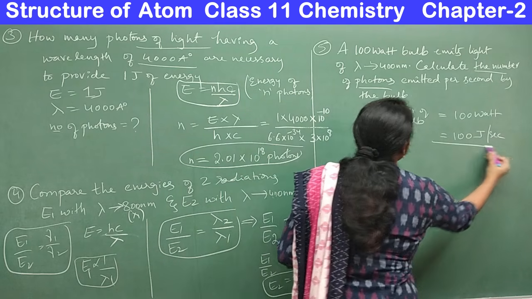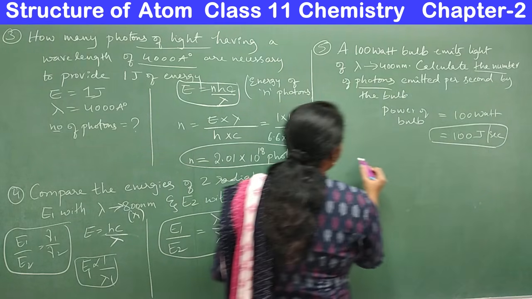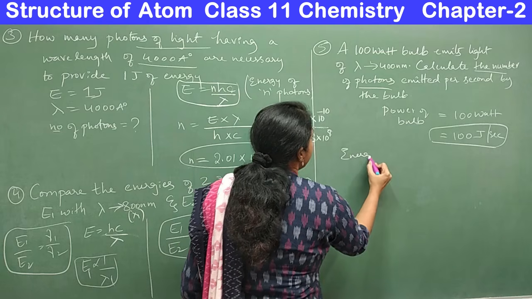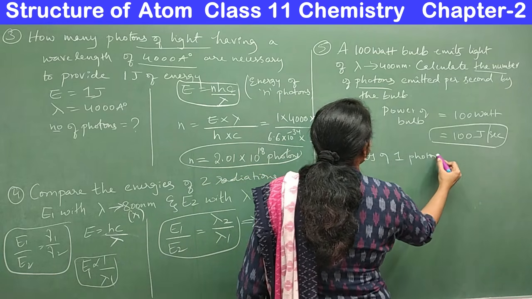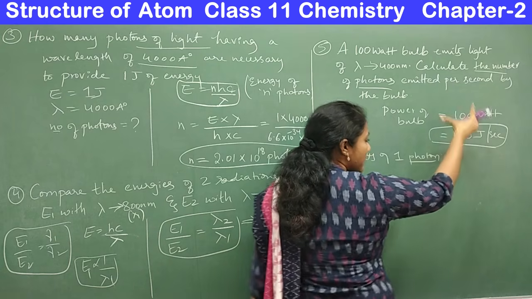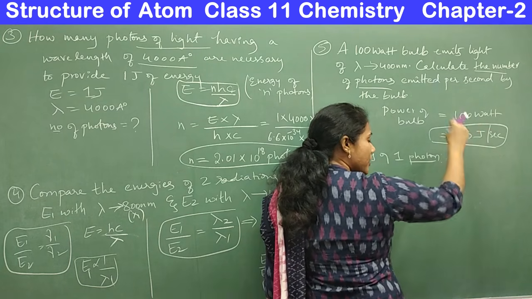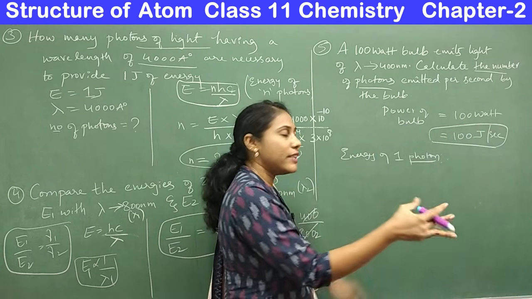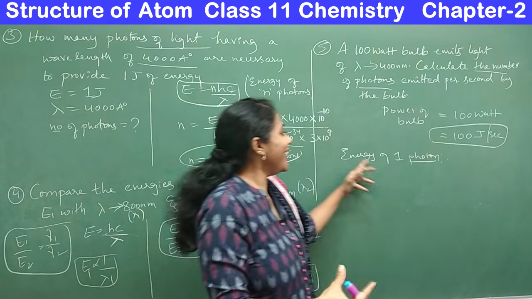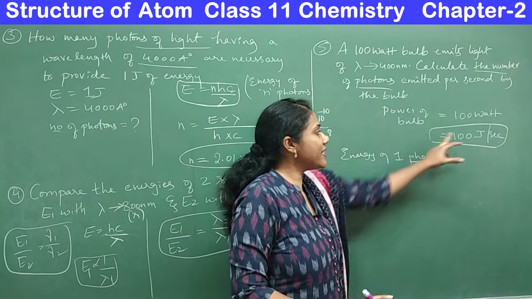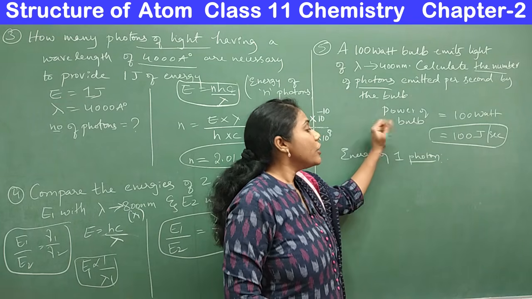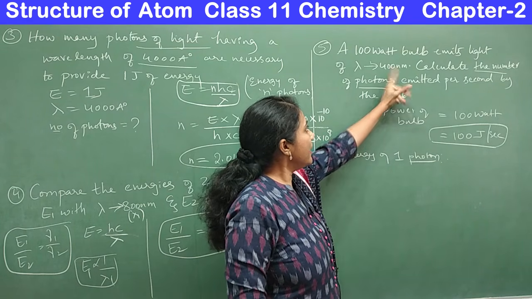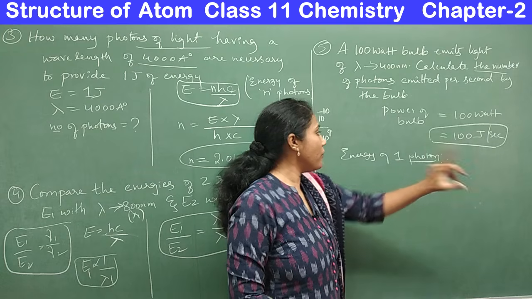Total, you have this much energy. In this energy, how many photons are there? To find that, we need the energy of one photon. So this is the energy of n photons, and that n value we need to find. So with the given information, find out the energy of one photon.